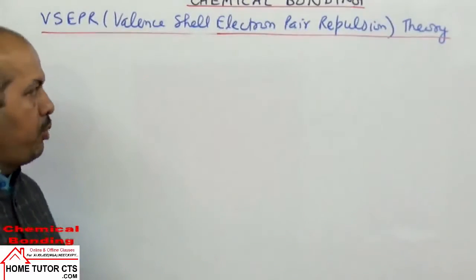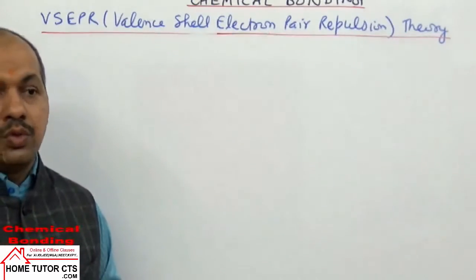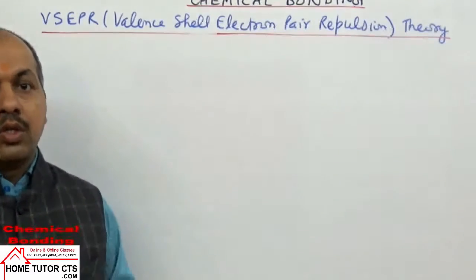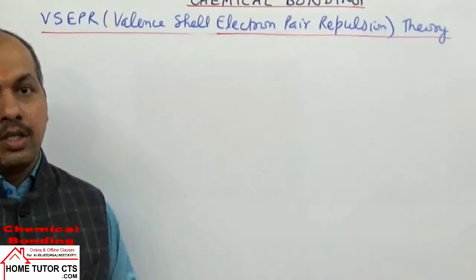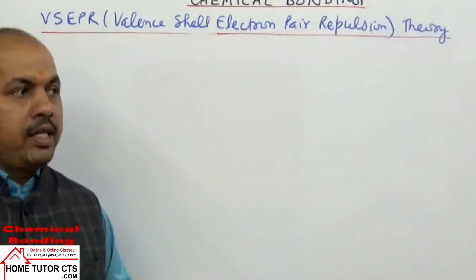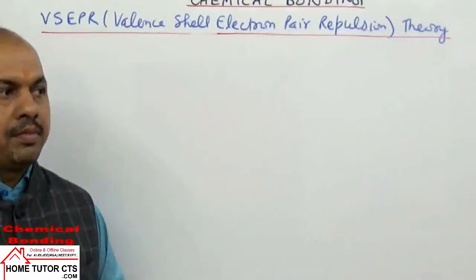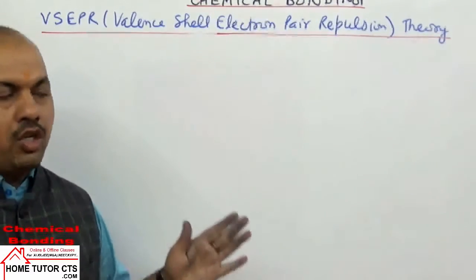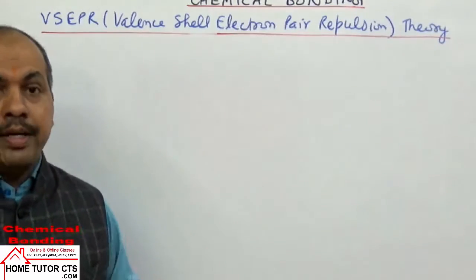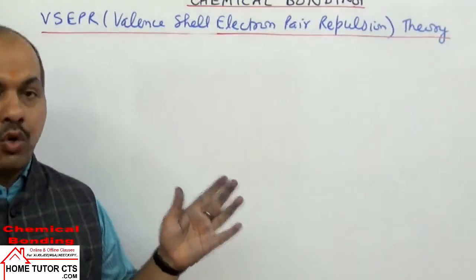That point you can write down. For the same n by 2 value, draw the same geometry or expected shape. Then in the same geometry we place lone pairs and bond pairs.